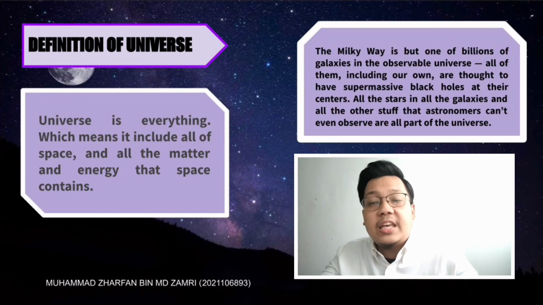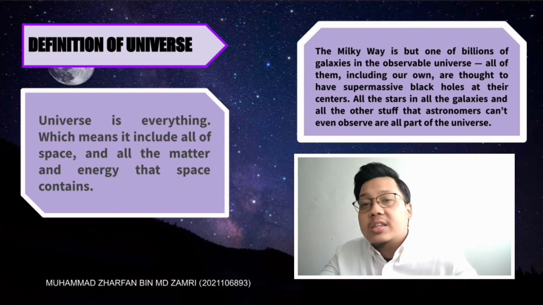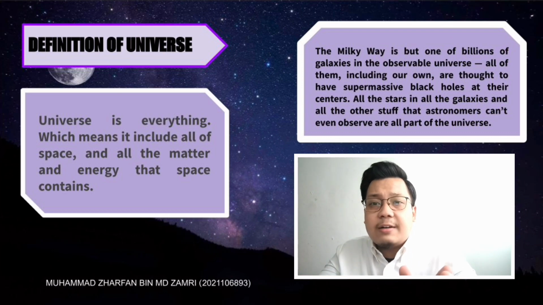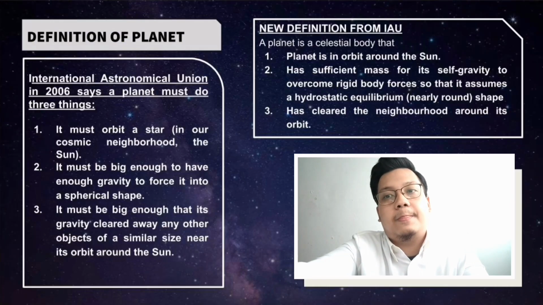All of them, including our own, are thought to have supermassive black holes at their centers. And all the stars in all the galaxies and all the other stuff that astronomers can't even observe are part of the universe. So the universe is very wide and very big.